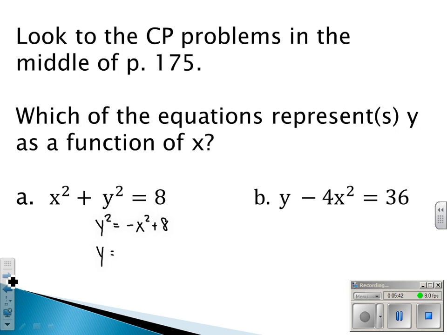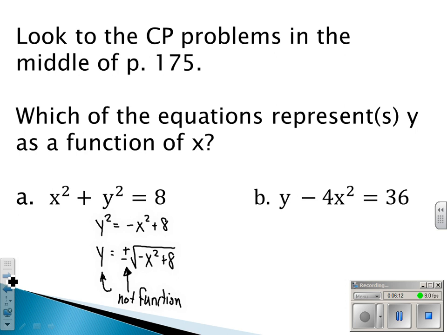So y is going to equal plus or minus the square root of negative x squared plus 8. Now, because of this, there's going to be a positive and negative value of some x that gives us that same y value out front here. So not a function. This is what we can't find if we're looking to prove that something is a function.